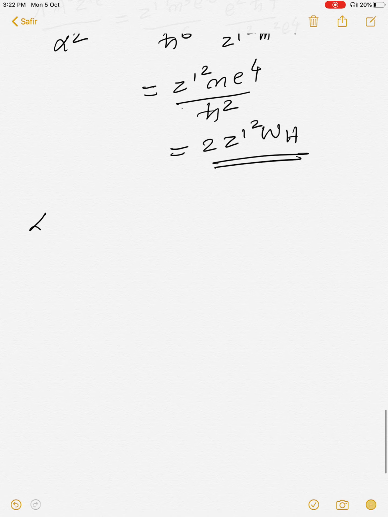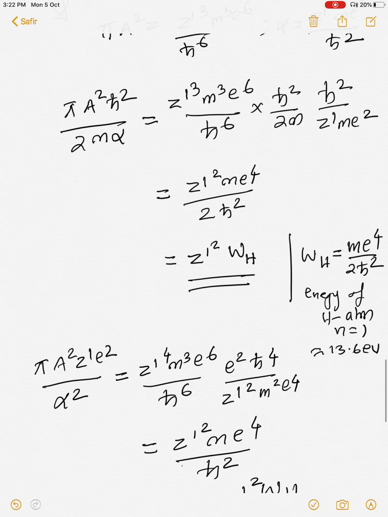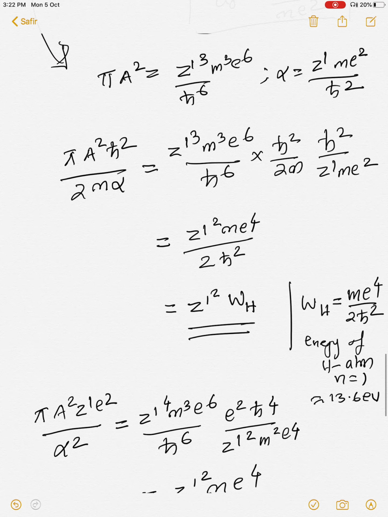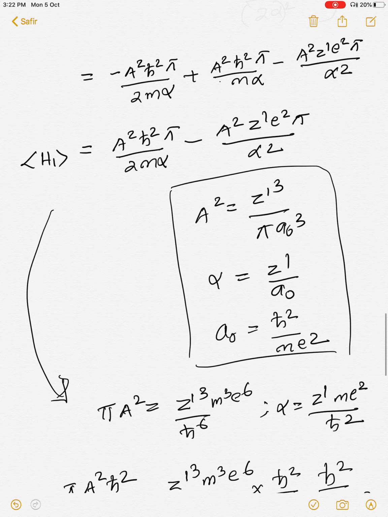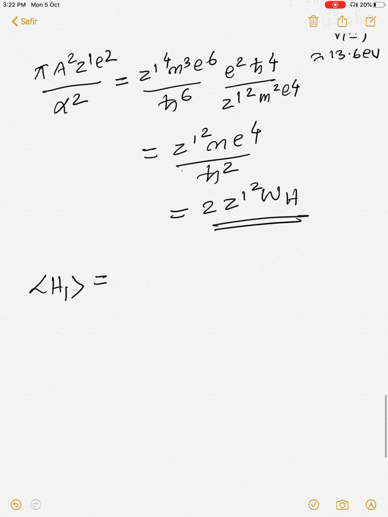Now what is h1? Expectation of h1: we got two terms, this minus this minus this. So I am going to substitute them there.